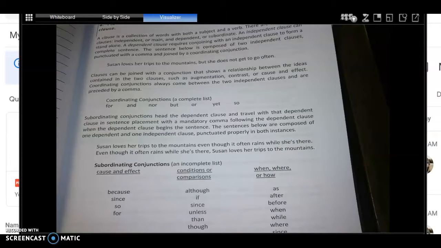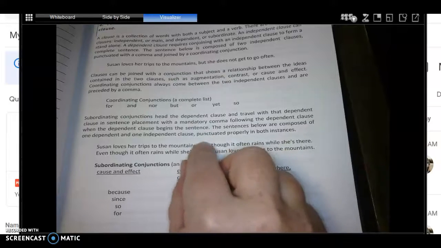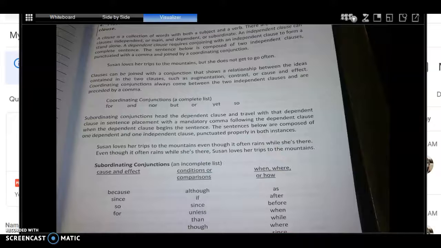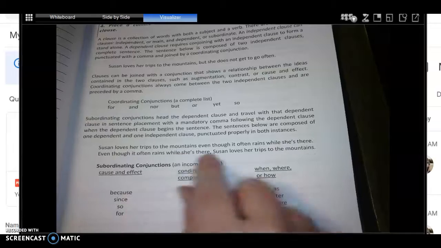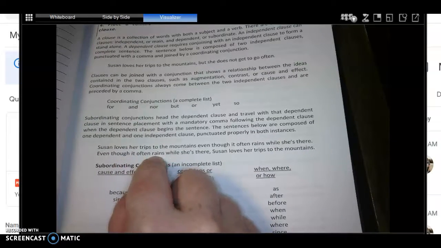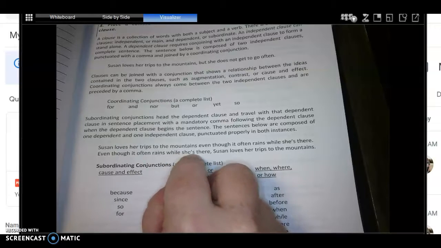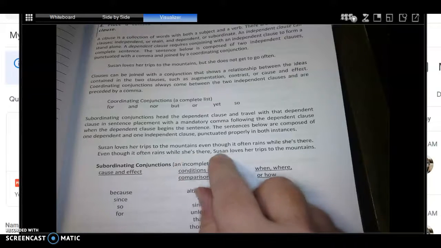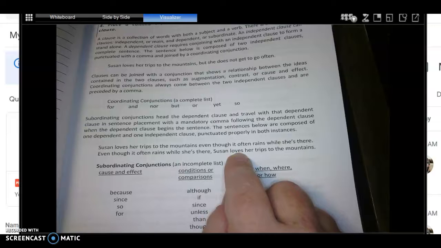Now, we have these subordinate conjunctions. Even though and while are subordinate conjunctions here. So go ahead and circle those, and you can write a SUB above them because they are subordinate conjunctions, okay? And then the same thing is true for this sentence. You have it as your subject here, rains as your verb, she is your subject, is as your verb there, Susan's your subject, and loves as the verb there.